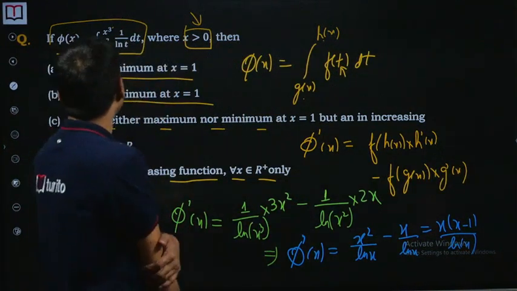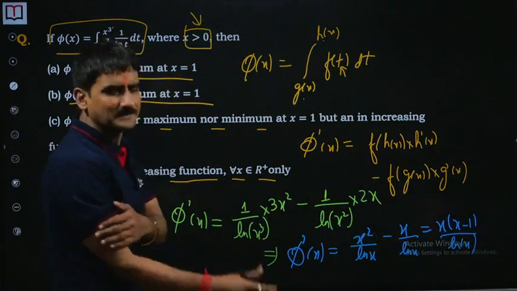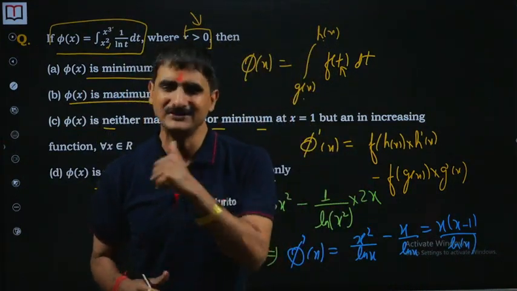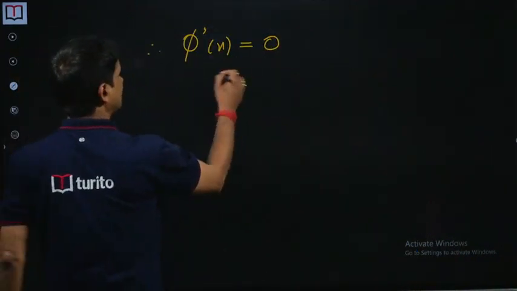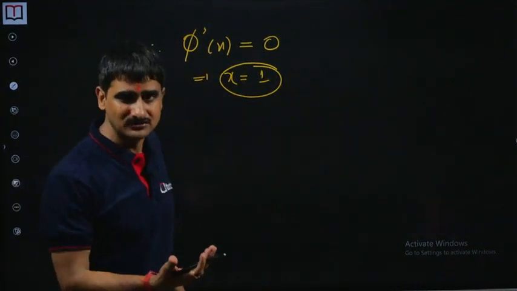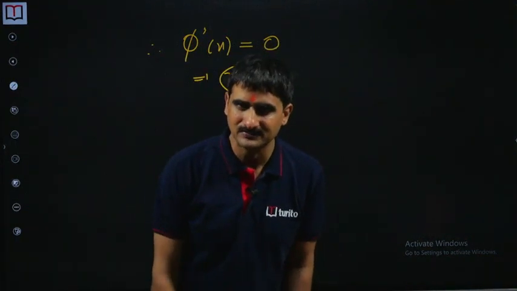Okay, that's a problem. So how are they saying that phi dash x is okay? Then again, of course, sorry, ln x is 0. That means at x is equal to 1, the derivative is not defined. So that's a critical point. Okay, so the critical point here x is equal to 0 can't be the case because x is already greater than 0. So x is equal to 1 is the only critical point here, bachcho.